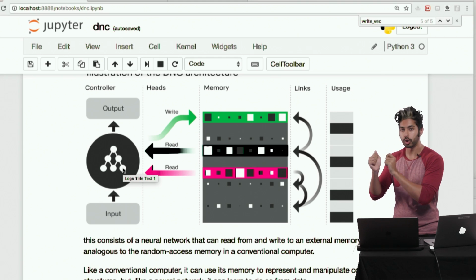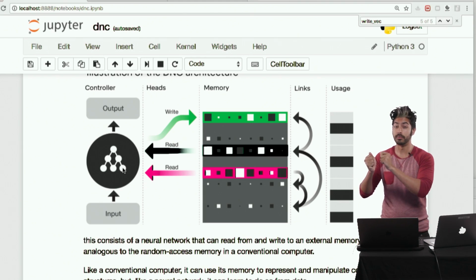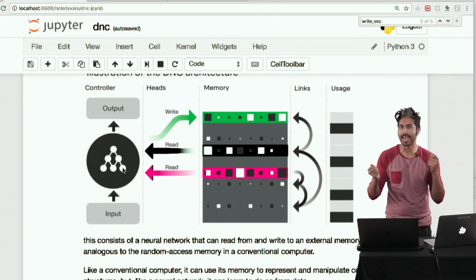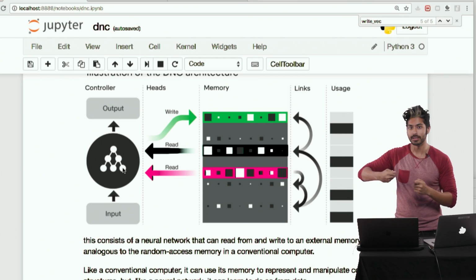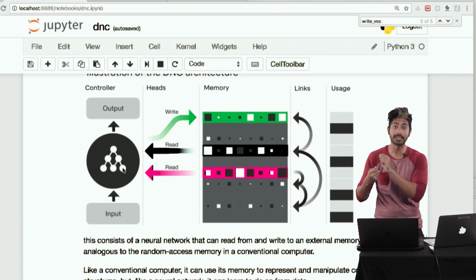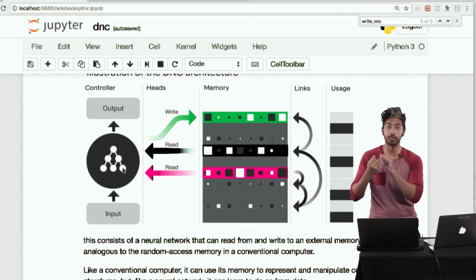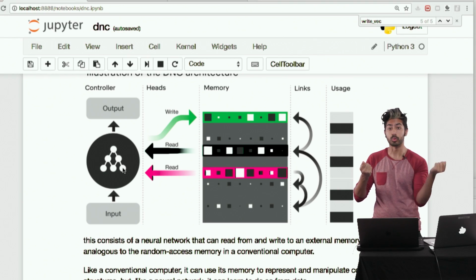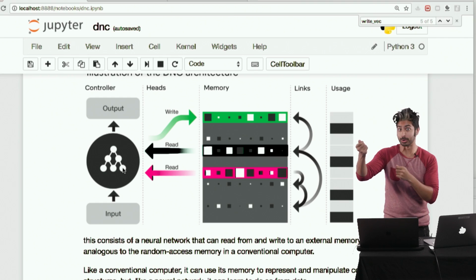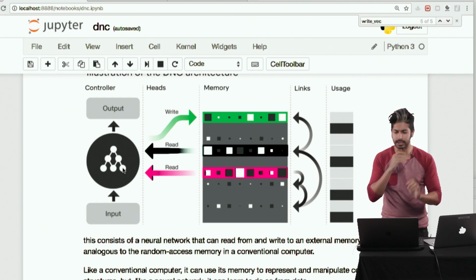The controller interacts with the memory bank by performing a series of read and write operations. We call these read and write heads. It takes an input and propagates it through the network, and simultaneously it's reading and writing to the matrix: writing what it's learned, and reading from past time steps what it can use to make the output prediction. Then it outputs the prediction. So that's the basic idea.